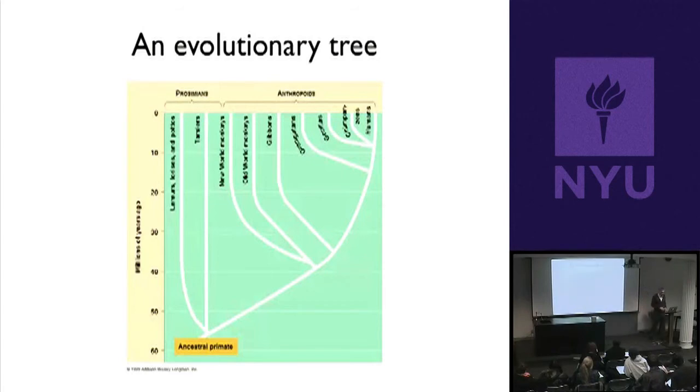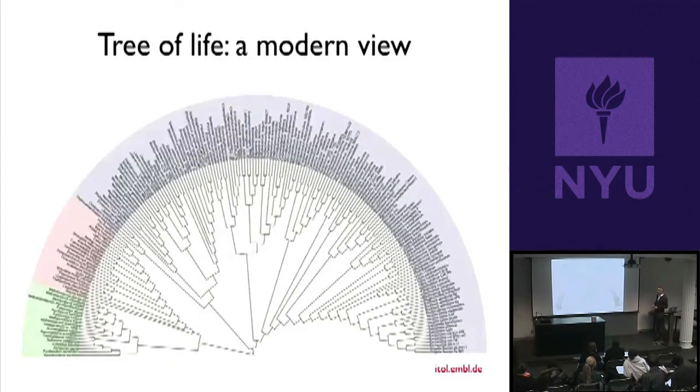Okay, and so now, as you know, it's pretty trivial to get DNA sequences, genetic information, from any organism you want. And so what you can do is figure out that tree of life that includes all living things. And it looks something like this. So these are just organisms that were chosen for convenience and other reasons, like they're studied a lot.